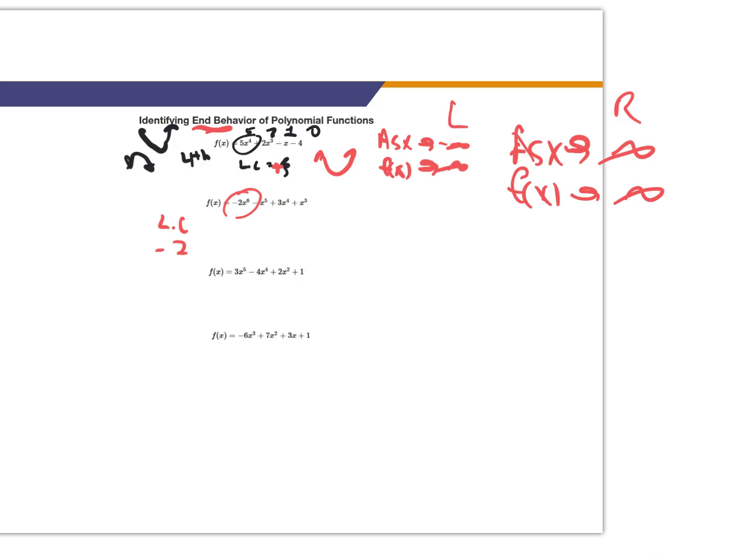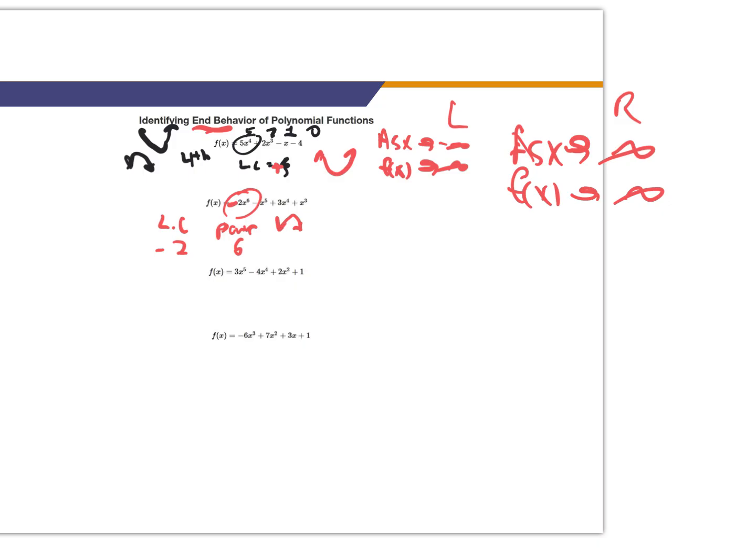And then the highest power is 6. That means it's even. Again, they both go up or they both go down. If there's a negative in front, they both go down.